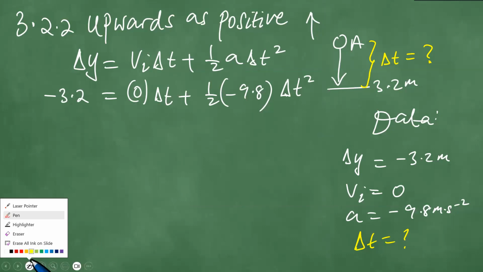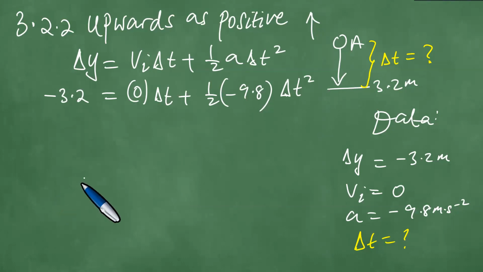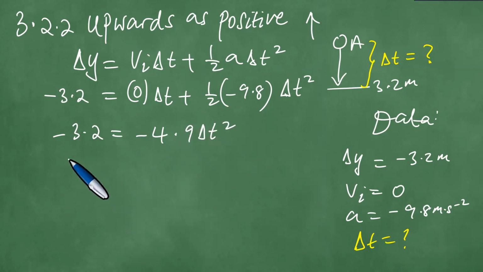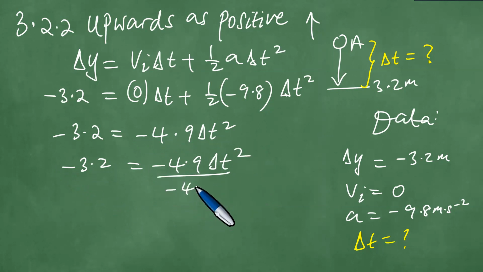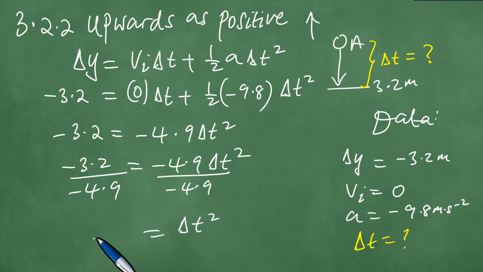So now at this point, we'd have minus 3.2, which equals minus 4.9 delta t squared. You divide by minus 4.9, which means delta t squared is something here.